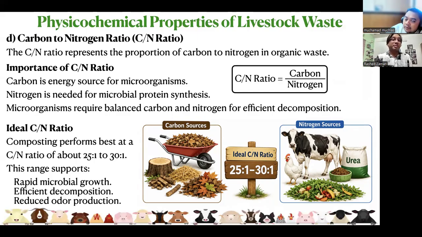Actually, the carbon to nitrogen ratio is very important because carbon is the energy source for the microorganisms. Carbon supplies all the energy to the microorganisms for their growth and activity. As well as nitrogen, it is also needed for microbial protein synthesis.